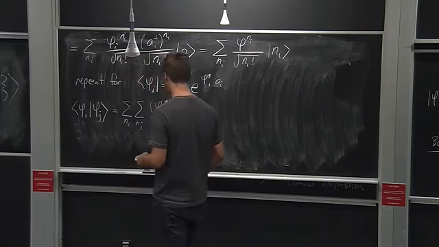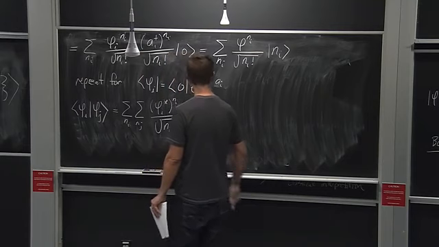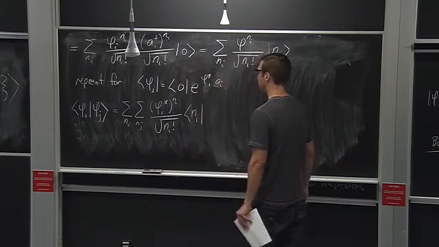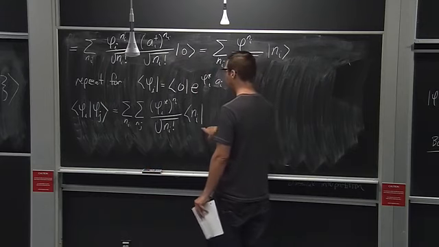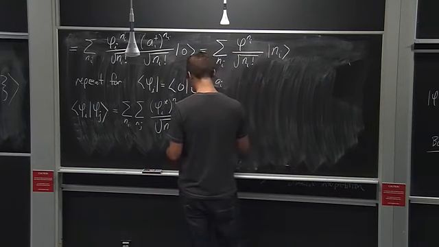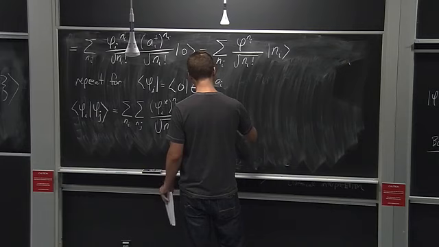Okay, I should be more careful here. So for my adjoint, so for my bra, I'll have this Ni, and then this is my J state.